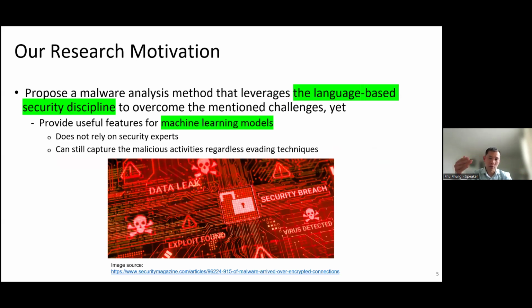We mentioned the challenge before: we don't need to rely on a security expert, and we can still capture the malicious behavior or malicious activity, even if the malware already has evading techniques, right?